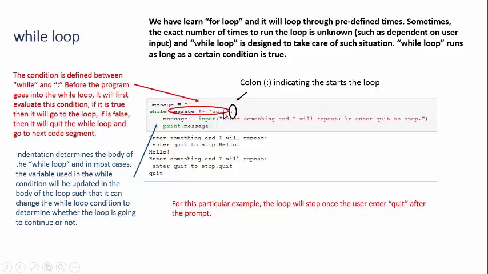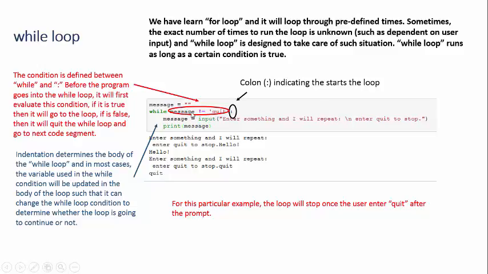Within the while loop, it first evaluates whether this condition is true or not. If it is true, then the body of the while loop is executed. If the condition is false, the while loop skips the body and goes to the next code segment.